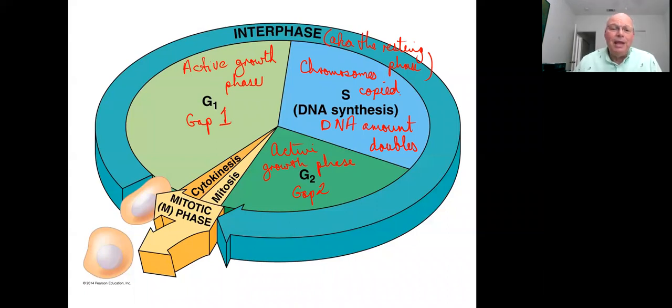So that at the end of the mitotic phase, you have two daughter cells that then enter G1 and begin the process of the cell cycle all over again.